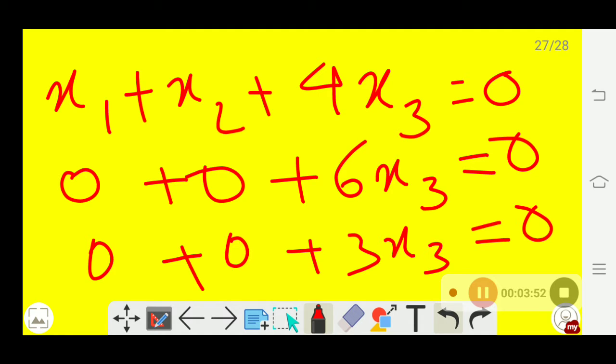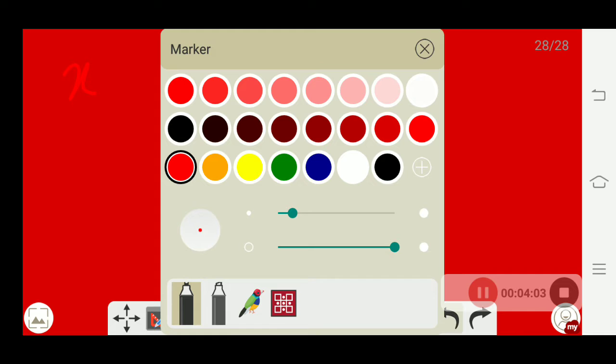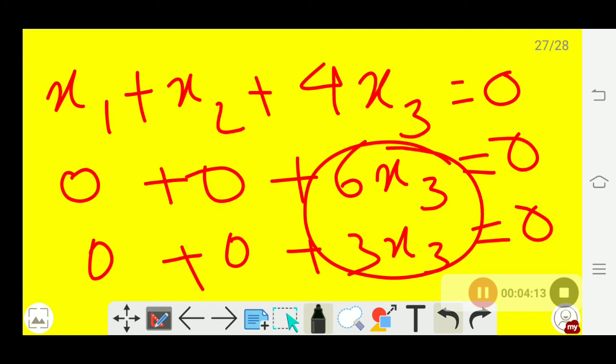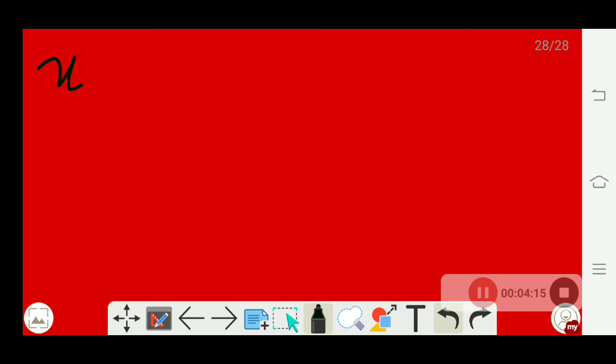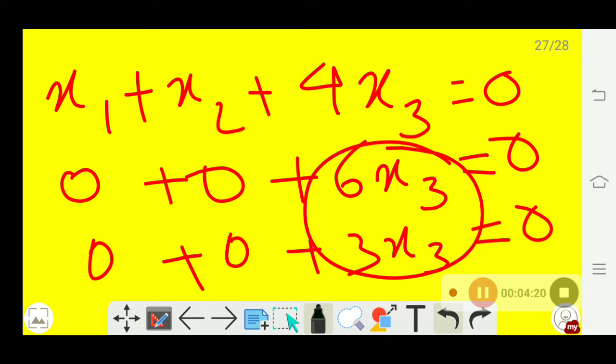From this equation we can say that x3 is 0. If x3 is 0, then we can put x3 as 0.